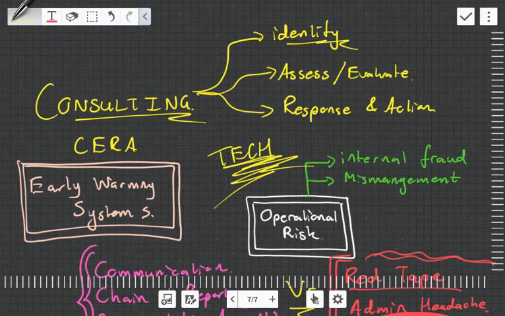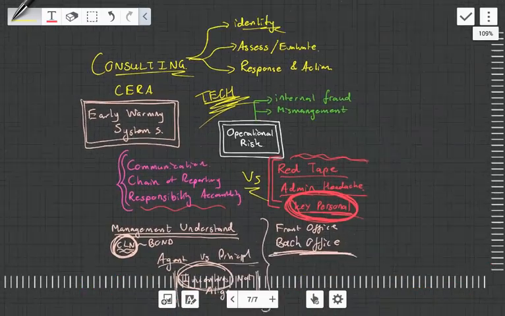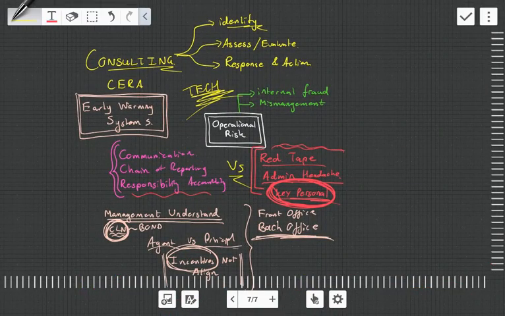And like I said, it is a bit of a balancing act between having enough controls to catch and limit operational risk, but not having too many so that it becomes a bit of red tape and administrative burden. And for that reason, when trying to deal with operational risk, it's not so much that you can use pure maths and build nice little models.